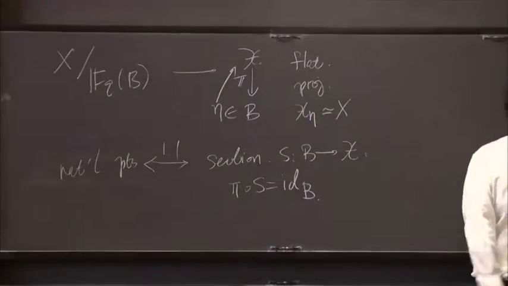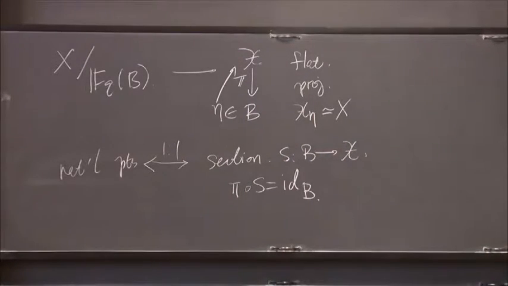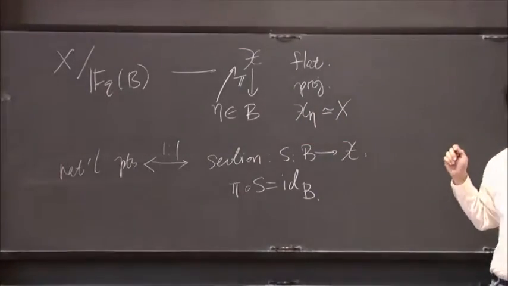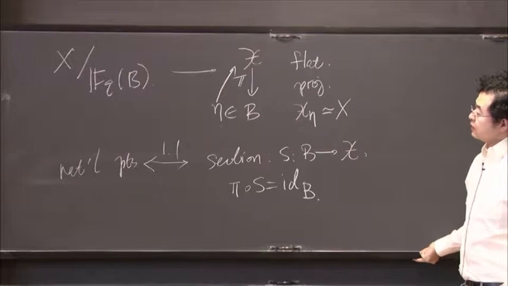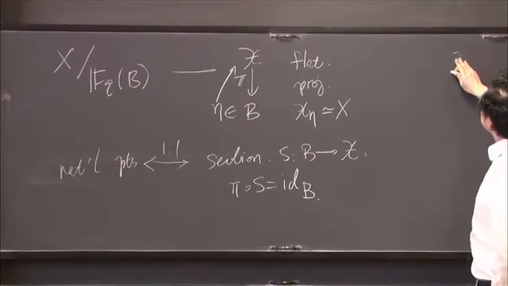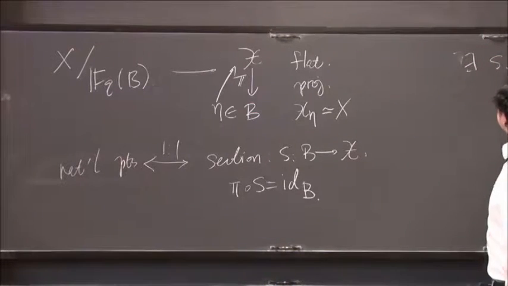So then the question becomes: let's say you have a flat projective family over a curve. Can you find a section? Now there is a necessary condition for this. If I have a section from B to X, this is the section.